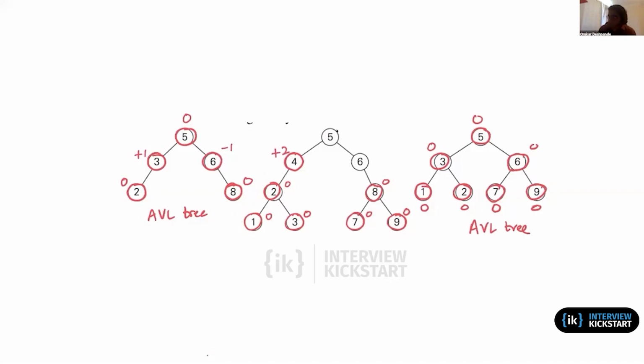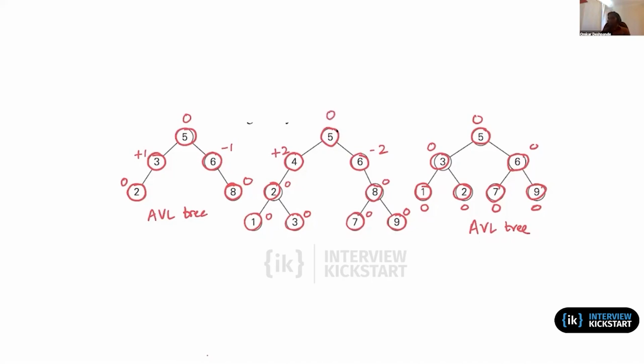For 6, there is no left subtree, so the height of the left subtree is 0. The right subtree has a height of 2. 0 minus 2 is minus 2. The balance factor there is minus 2. For the root node, the left subtree has a height of 3. The right subtree has a height of 3. The balance factor is 0.